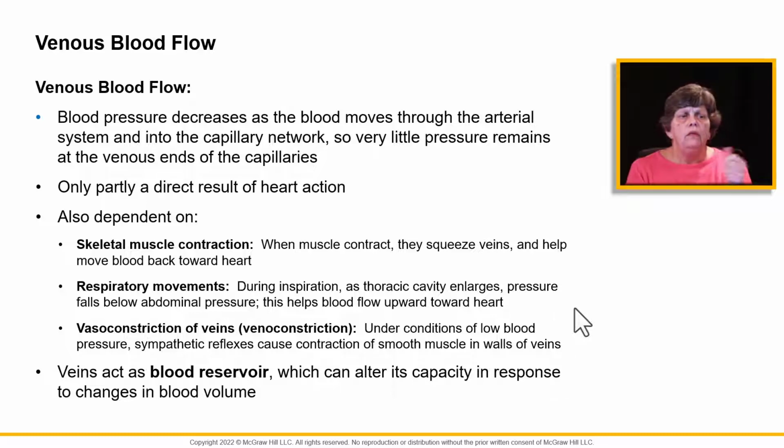All right. Now, how do we get this back to the heart? Well, there are several different ways. First, we can use skeletal muscle contraction. These vessels, particularly in our legs, again, we don't worry about the veins draining above the heart. It's below the heart we're worrying about. And we have skeletal muscle contraction in the legs.